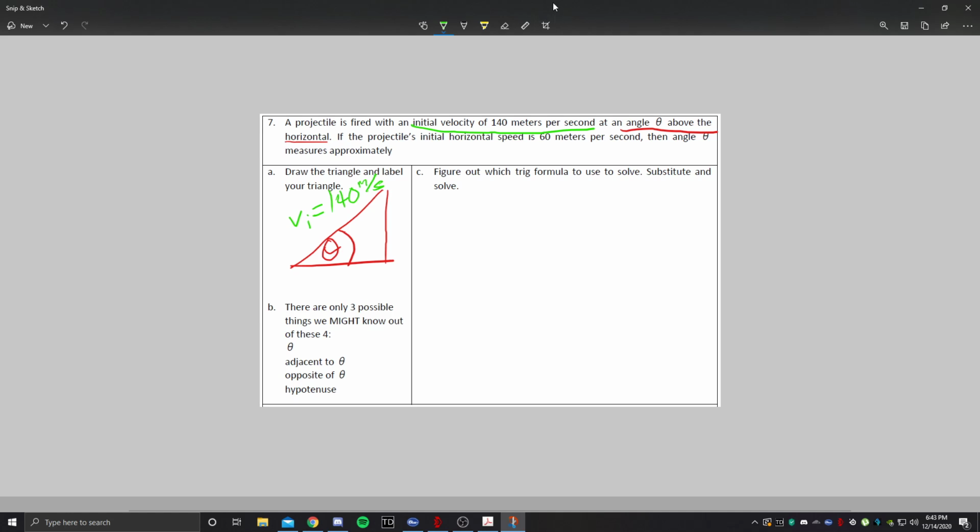If the projectile's initial horizontal speed is 60 meters per second, then the angle theta measures approximately what?